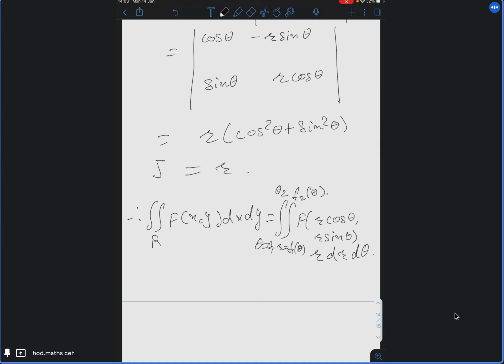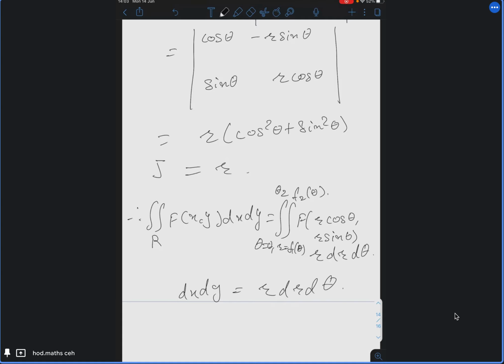So in the same fashion, the other way around, from polar to Cartesian, can also be described. Understood now? So remember, whenever you are making the transformation from Cartesian to polar, dx dy will be equal to r dr d theta.